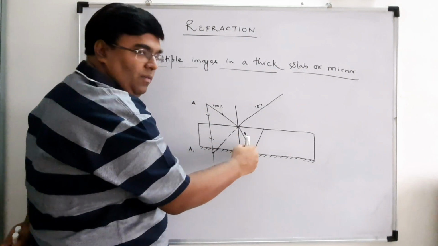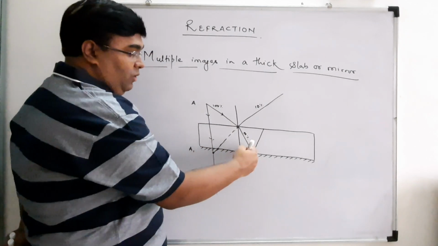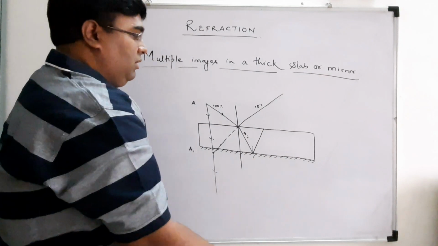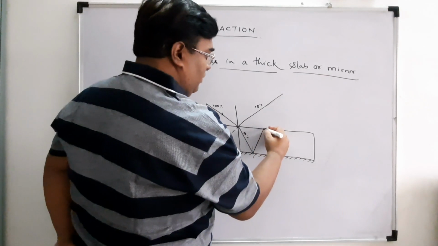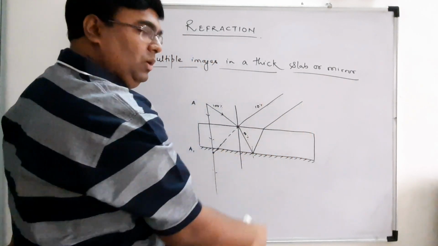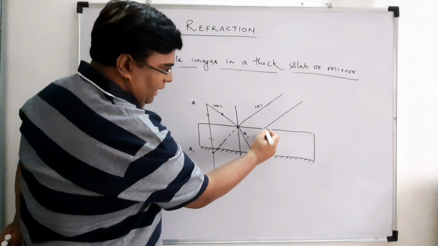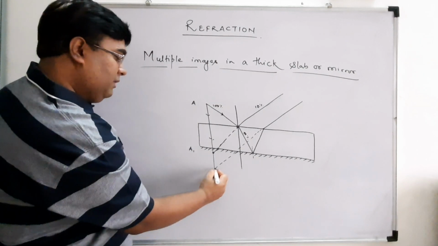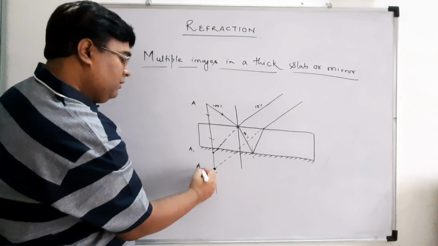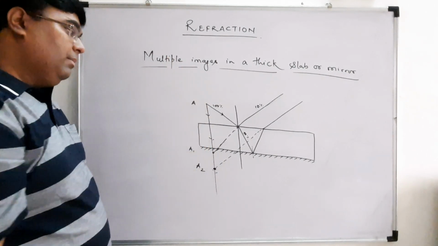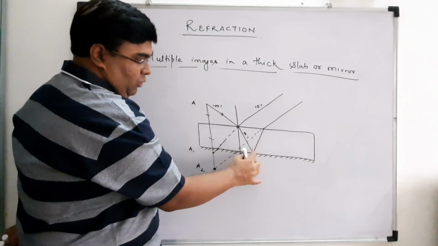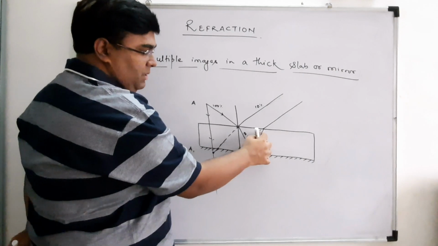If you follow, it will be parallel to this ray, and if you extend it, this will be my second image. Hence I am saying multiple images will be formed.